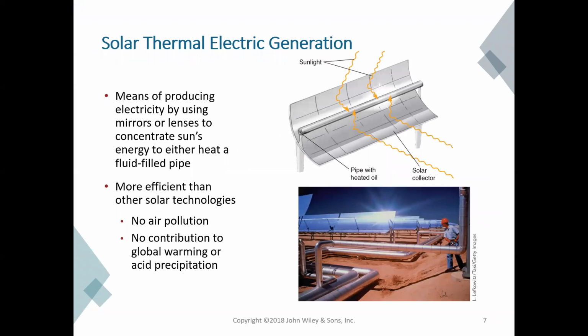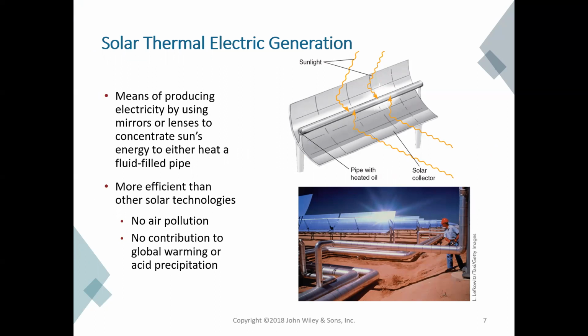Solar thermal electricity generation. This is something that you guys have probably heard of, and that is electricity produced in several different ways by using mirrors or lenses that concentrate the sun to heat either a fluid-filled pipe or another mechanism. So I'm going to explain it.